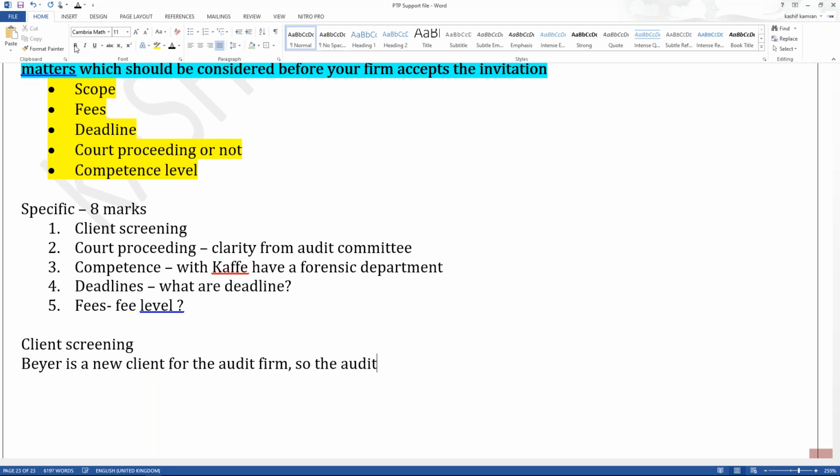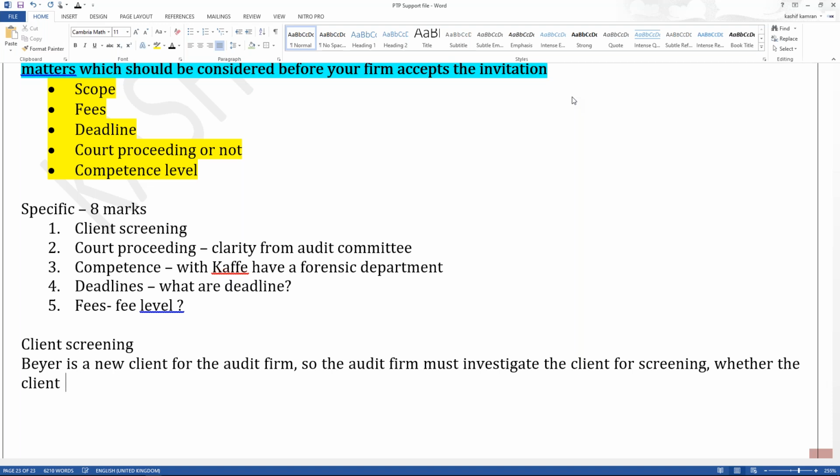So the audit firm must investigate the client for screening whether the client has a good background and history or not. So you should screen the client because this is the first time you're doing it.